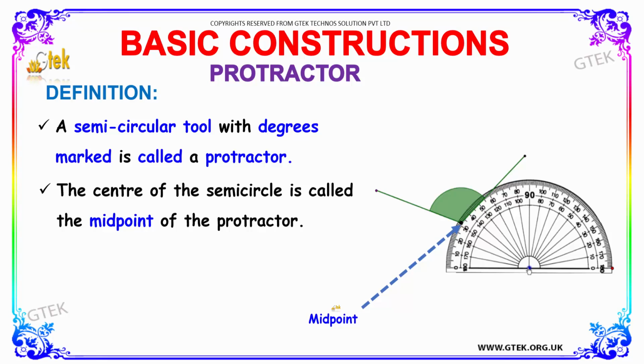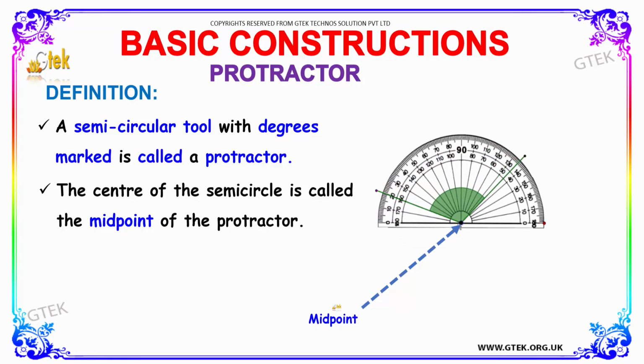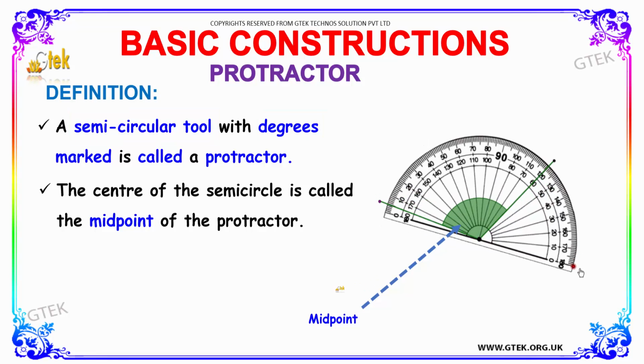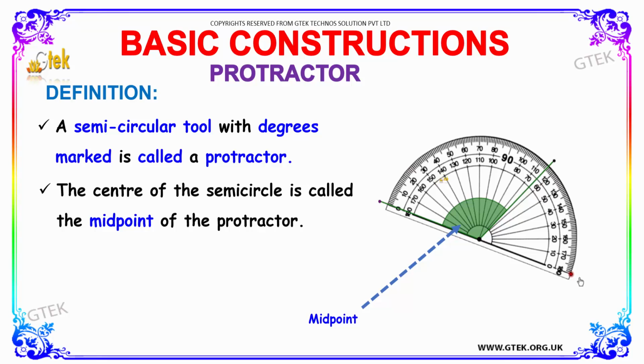Next we have the protractor. The protractor is a tool which is semicircular in shape, and the degrees are marked on it. As you can see, the degrees are marked from 0 to 180. The center of the semicircle is called the midpoint of the protractor. And this is how you can measure the angle using a protractor.